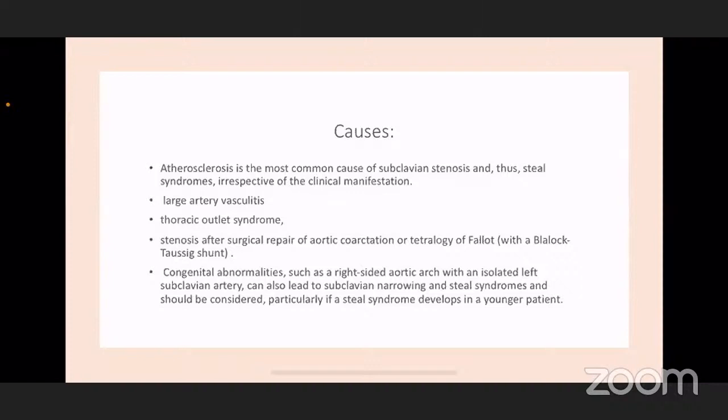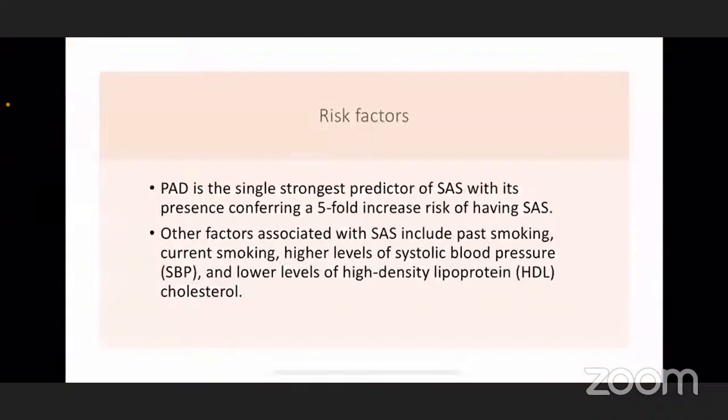Also, you can have some congenital abnormalities such as a right-sided aortic arch with an isolated left subclavian artery. This can lead to subclavian narrowing and therefore steal syndrome, and it should be considered, particularly if the steal syndrome develops in a younger patient. We think of congenital abnormalities. However, if you have subclavian steal syndrome, the most likely cause, and the one you want to look for, is atherosclerosis.